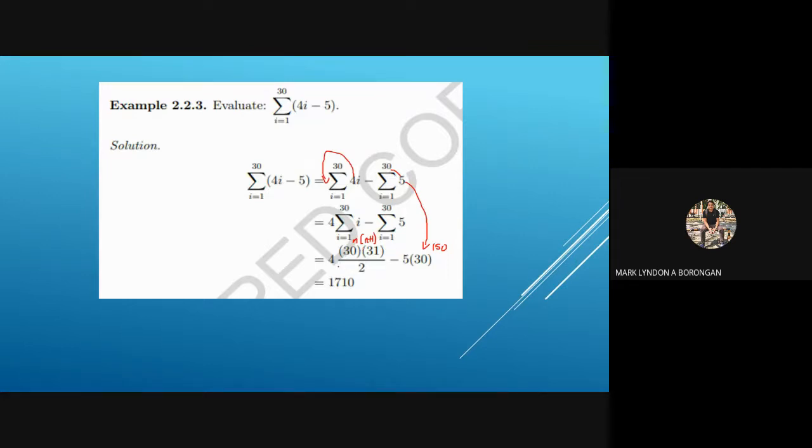And then when you multiply, you have 30 times 31, which is 930, divided by 2 times 4. The 2 cancels out, and what's left is 930 times 2. You have there 1860.